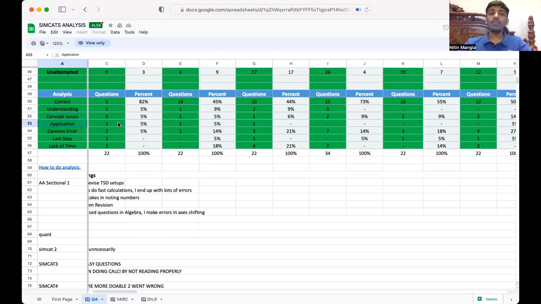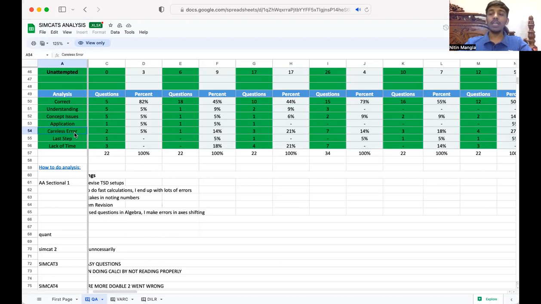Application is when I knew the formula, I knew how to apply it, and I applied the formula and got an answer, but that was a wrong answer, because only formulas don't generate a correct answer. I knew the formula, but I was not able to apply it correctly, and I was not able to comprehend what needs to be done with that formula. So that's the application error. Careless errors are my silly mistakes.